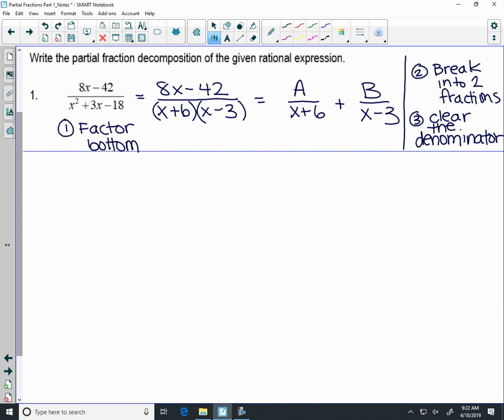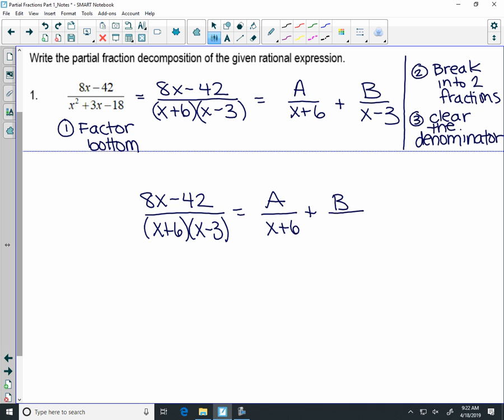So what I'm going to do, just for ease of your looking at this, I'm going to recopy. Many of you will not show this step after this example, because you'll just be able to see it.